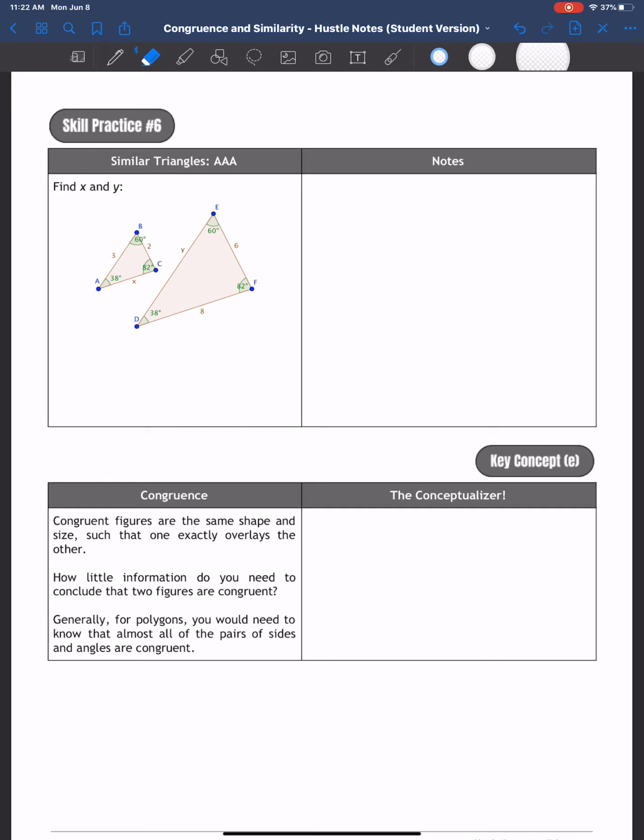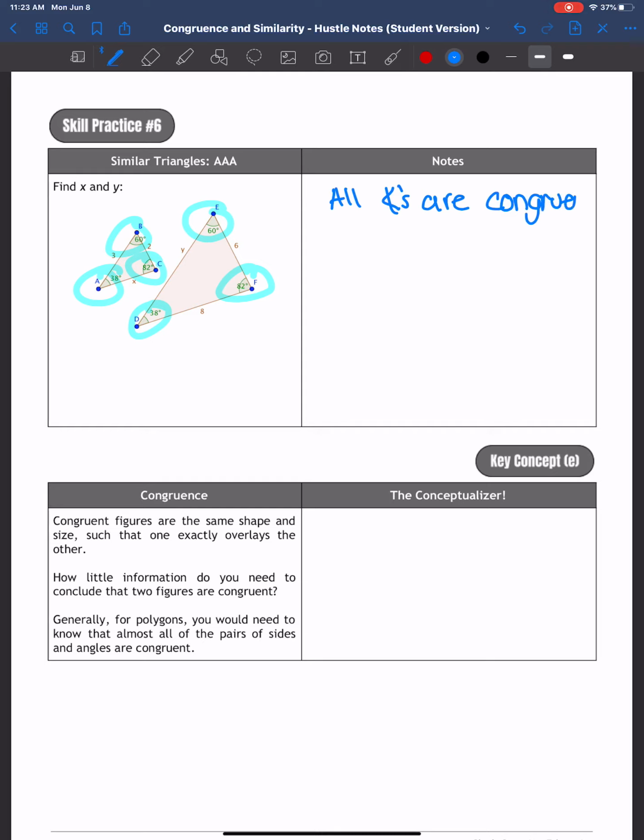If we look, we have 38 here, 38 here, 82, 82, 60, 60. Right there, we know all angles are congruent, and that means they are similar.